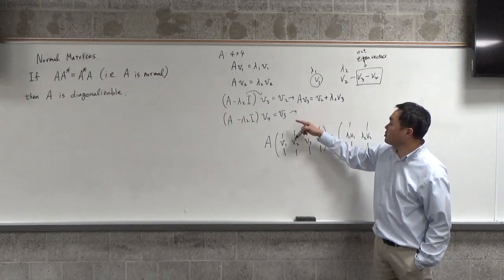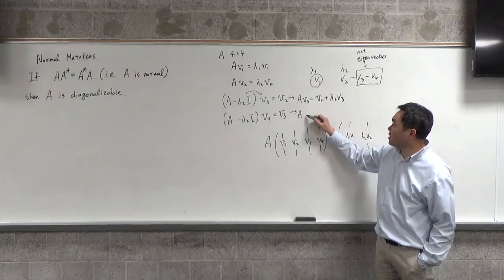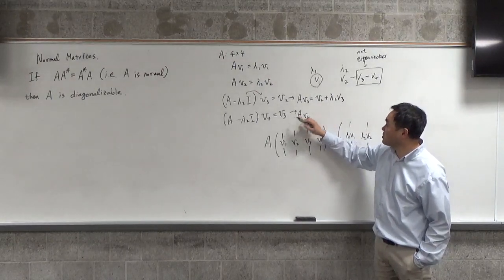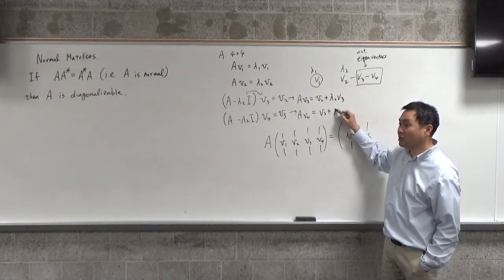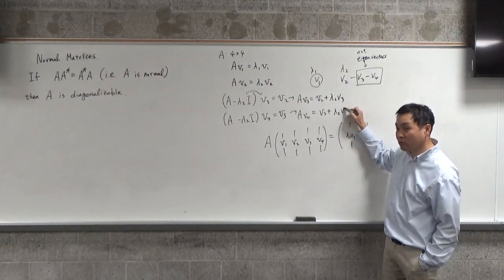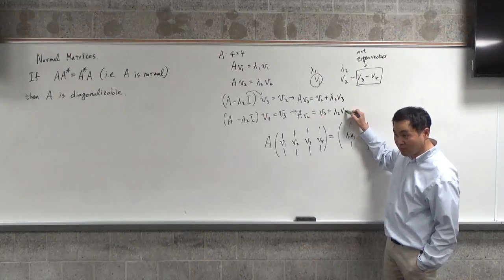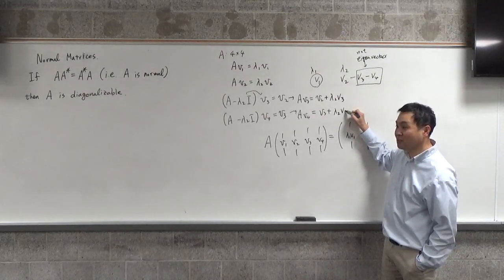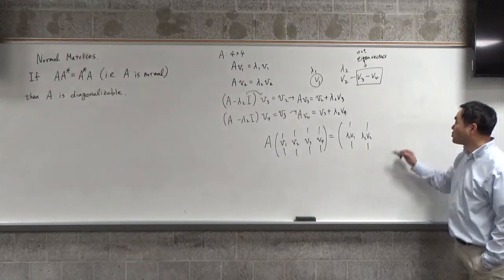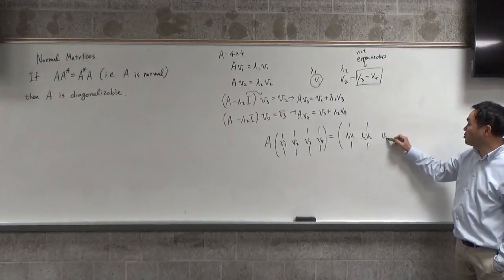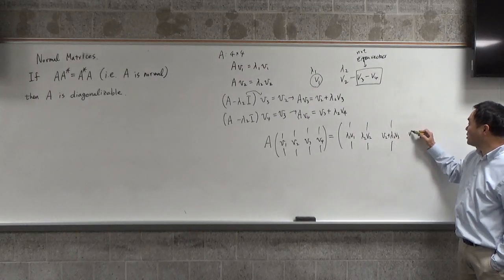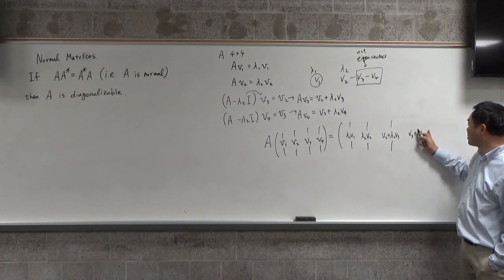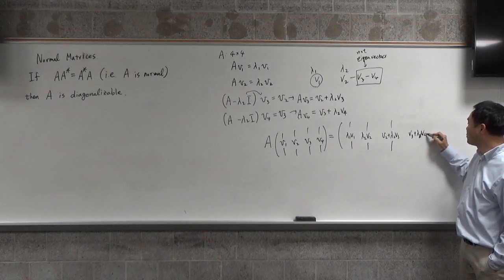And if you do the same argument, A times v4 is v3 plus lambda 2 v4. So we have v2 plus lambda 2 v3, and then v3 plus lambda 2 v4.